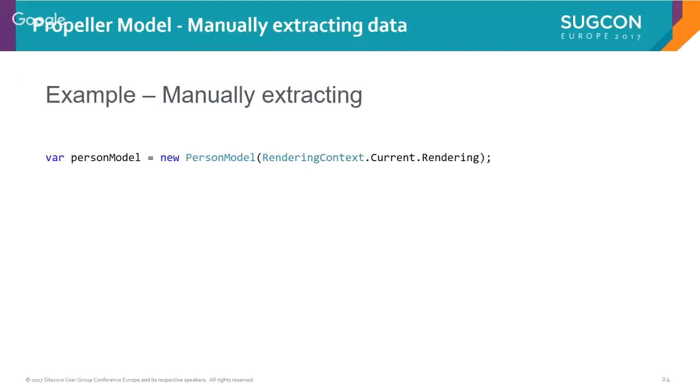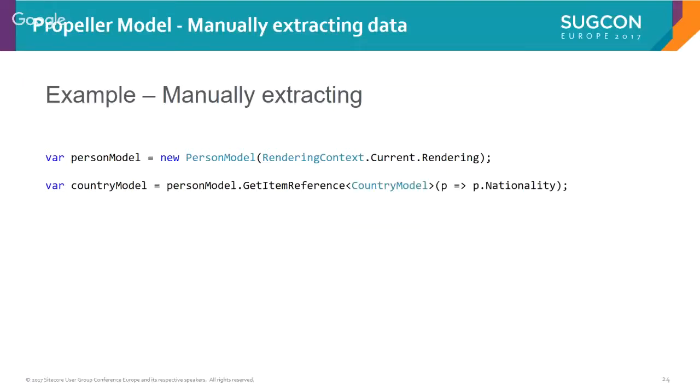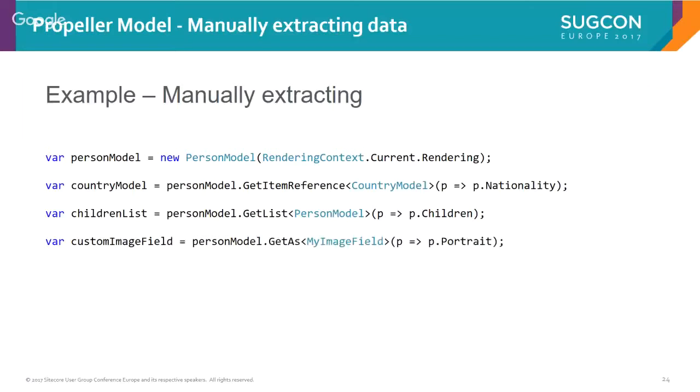Well, we just new up a model, throw in the current rendering, and then it will automatically figure out which item to grab the data from. And then we can grab a reference item. Here's, you know, the nationality of the person. We can get that out as a model, and the list. And again, we use these expressions to define which property they are coming from. Yeah, and of course we got the custom field as well.